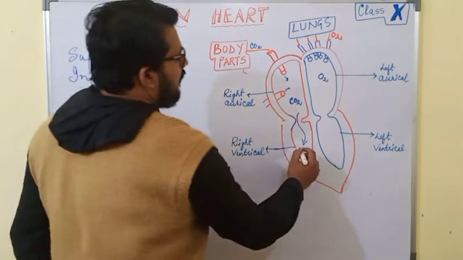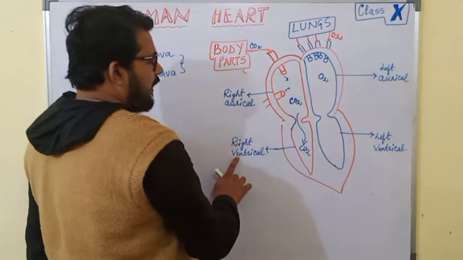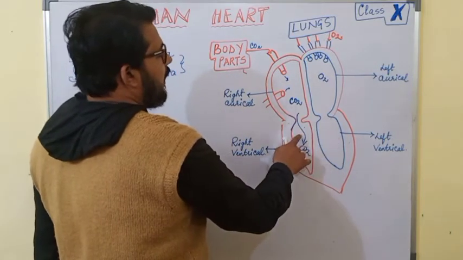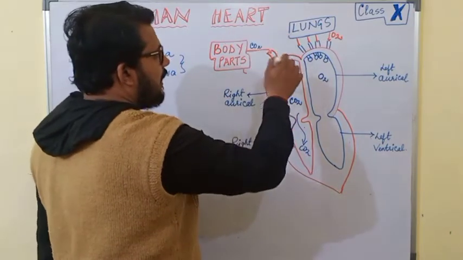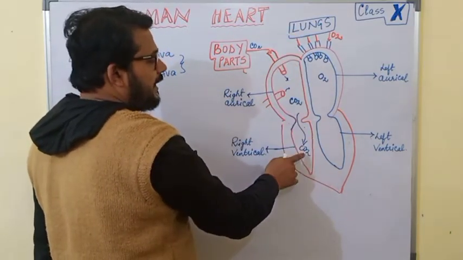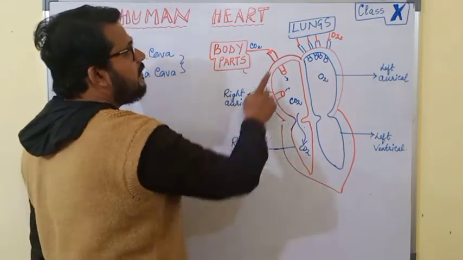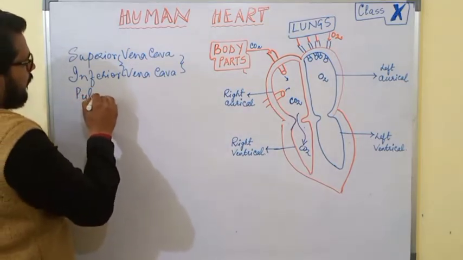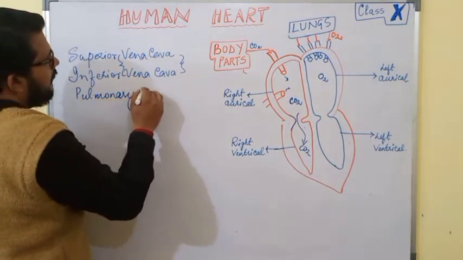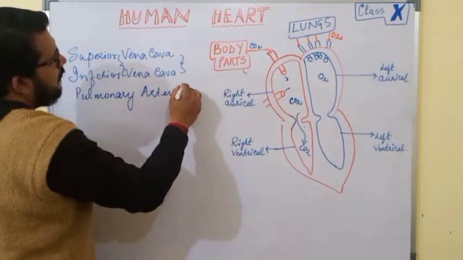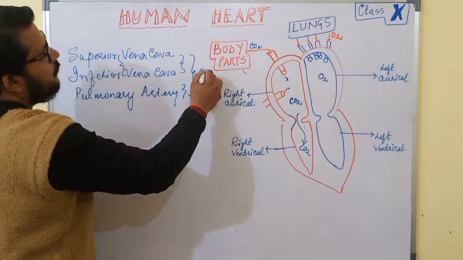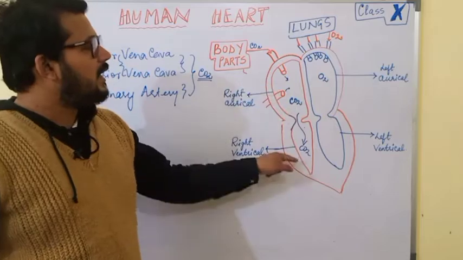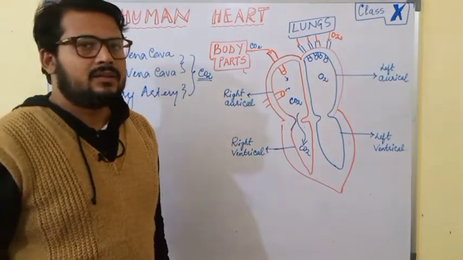So the deoxygenated blood is going to accumulate in the right ventricle. From the right ventricle, it is going to the lungs. And the blood vessel responsible for carrying deoxygenated blood from the right ventricle to the lungs is the pulmonary artery. Now we can conclude that these two different blood vessels are responsible for carrying deoxygenated blood to the heart and from the heart to the lungs, right?